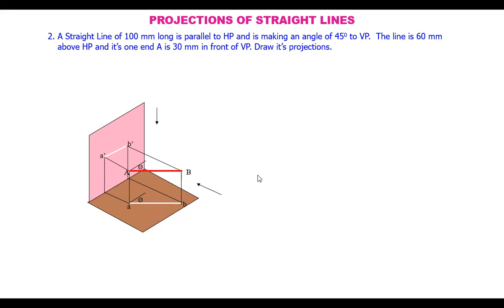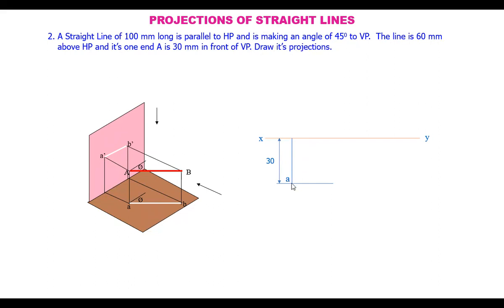Now we represent here by taking a reference line and the point 60 mm above HP, and one end is 30 mm in front of VP. Mark a point here at a distance of 30 mm from the reference line. We call it A. And the line is making a 45 degrees angle with the VP.